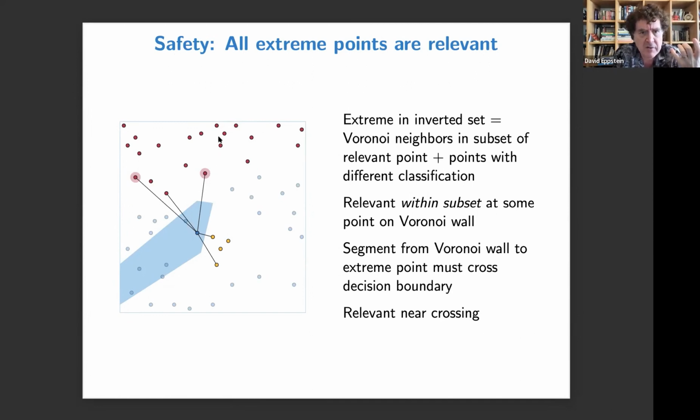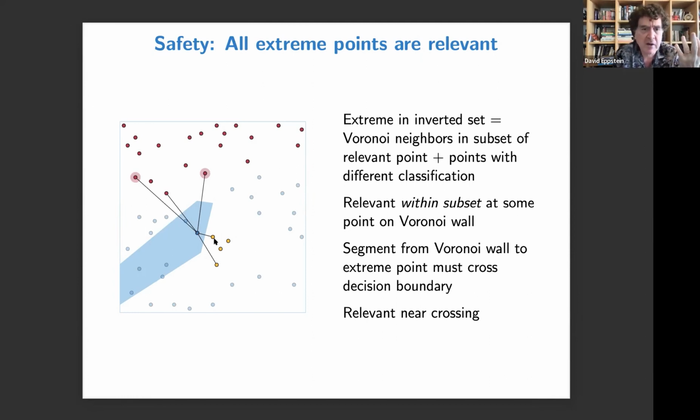I've inverted all of the red and yellow points with respect to that blue point and found the extreme points of that inverted set. Really, if you work through the geometry of what that means, it's just that we're finding the Voronoi neighbors of the blue point. The extreme points of this inverted set are nothing more than the Voronoi neighbors. So that's all we're doing in that calculation.